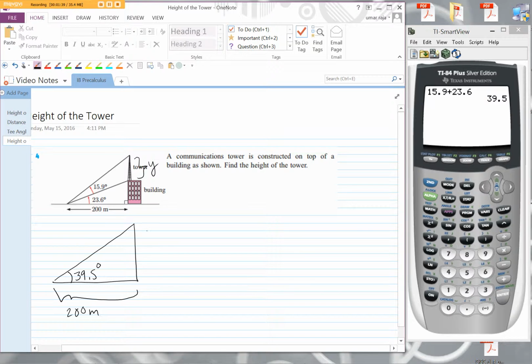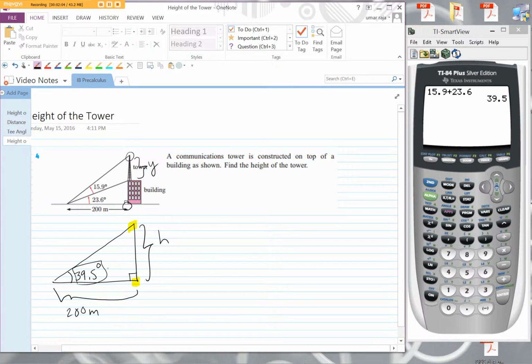What we can do at this point is use right triangle trigonometry, since we know that this is a right triangle, to find this overall distance, the height from this point all the way to the top. Since we've already drawn the triangle out, we know that's these two points right here. Now, how do you actually solve for the overall height? This is the angle that you're given.